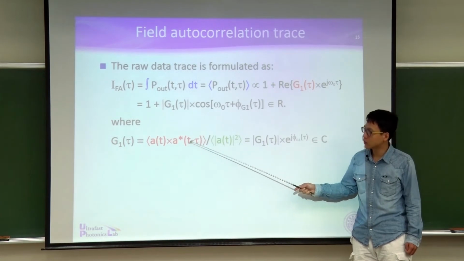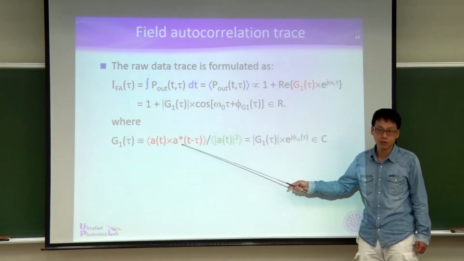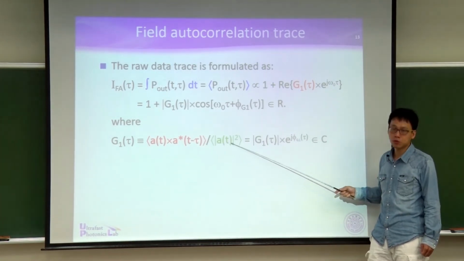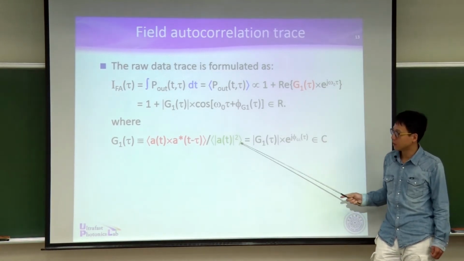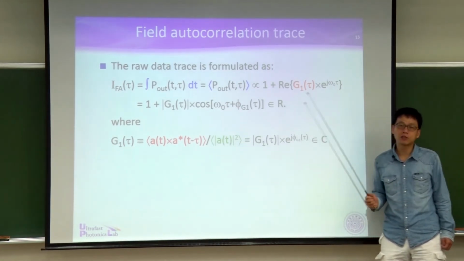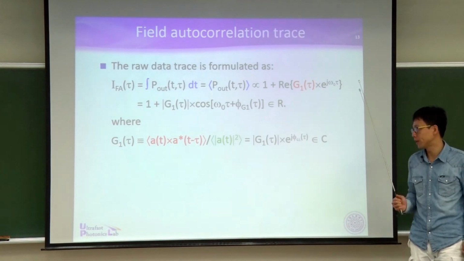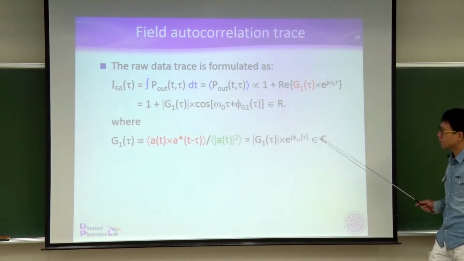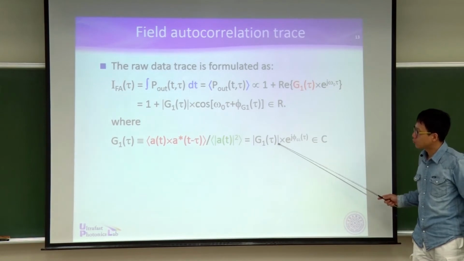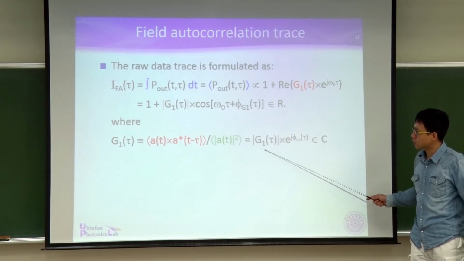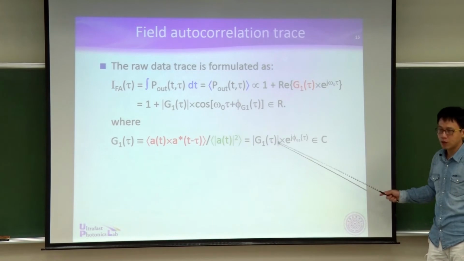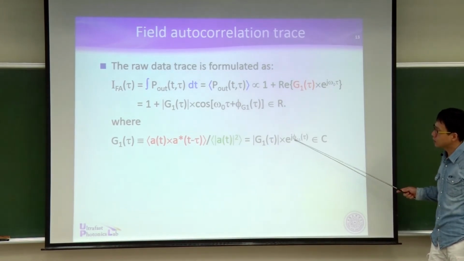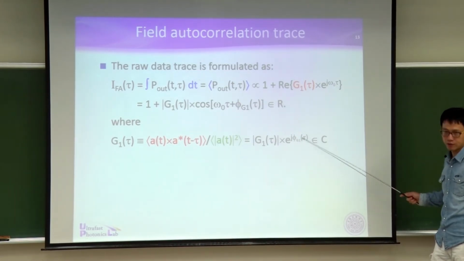When tau equals 0, you have a times a star, which is a absolute square. It's in the denominator for the purpose of normalization. And since this is a complex function, so you can rewrite it as the product of magnitude function times e to the j of phase function.